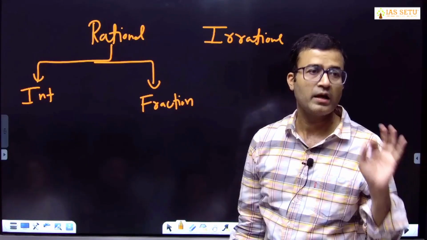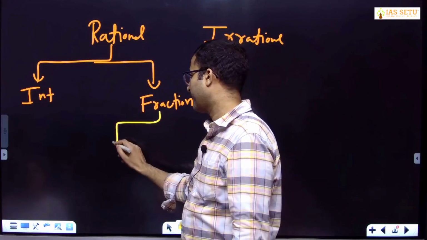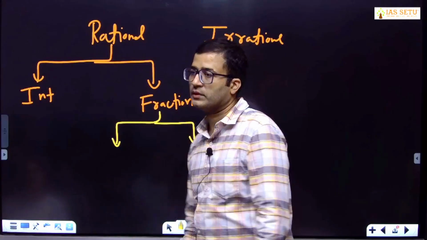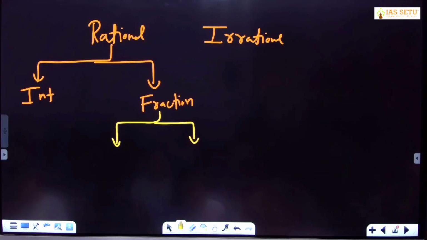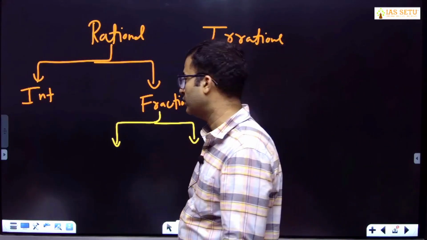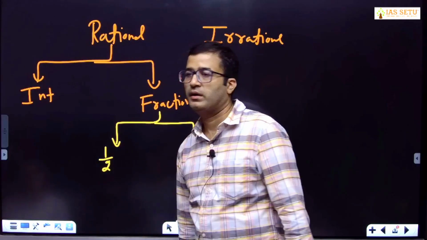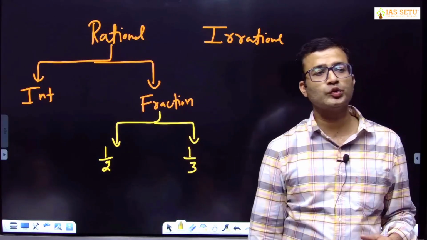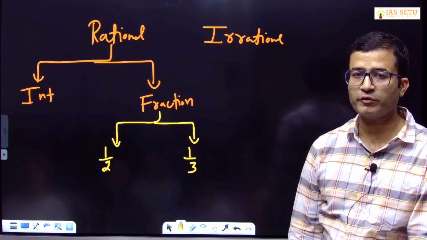Clear? Now we categorize fractions into two categories. We have two types of fractions. Okay? We categorize fractions in two parts, like 1/2, 1/3. For some students, it seems almost the same type of fraction, 1/2, 1/3, 1/4, 1/5.